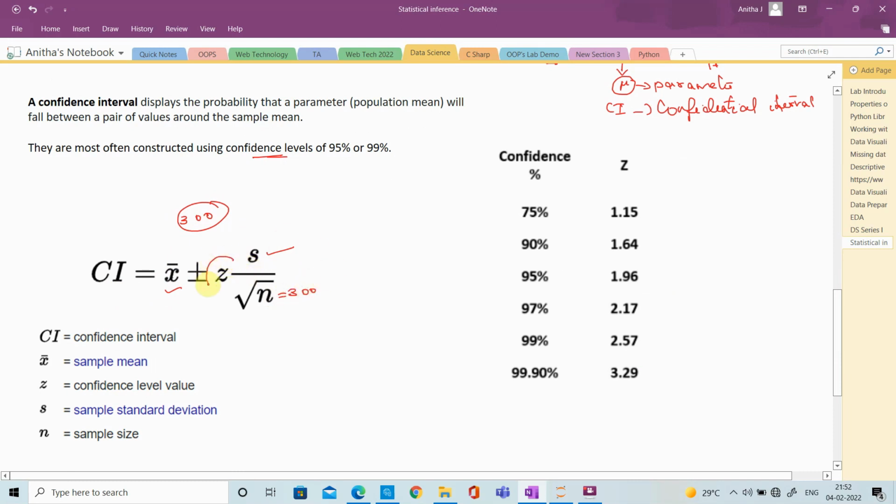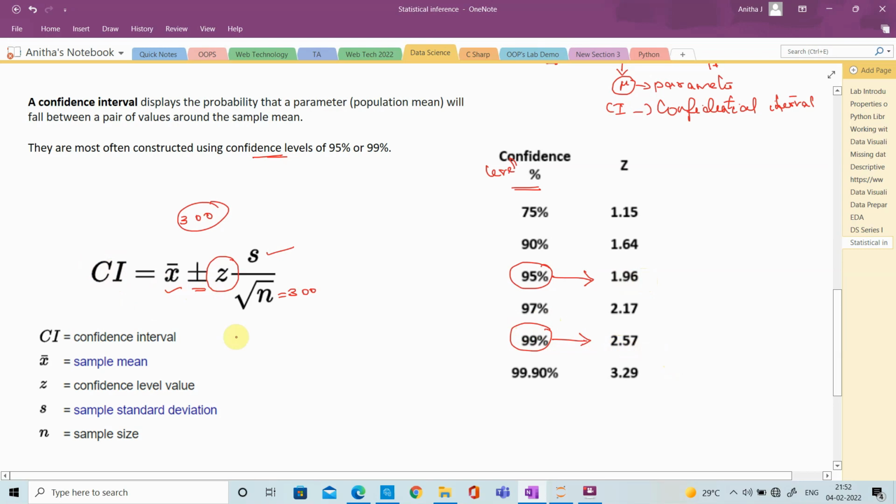And this unknown value is known as the Z score. The Z score is calculated based on our confidence level. If our confidence level is 95%, the Z score is 1.96. If our confidence level is 99%, the Z score is 2.57. By using that, you can calculate the confidence interval.